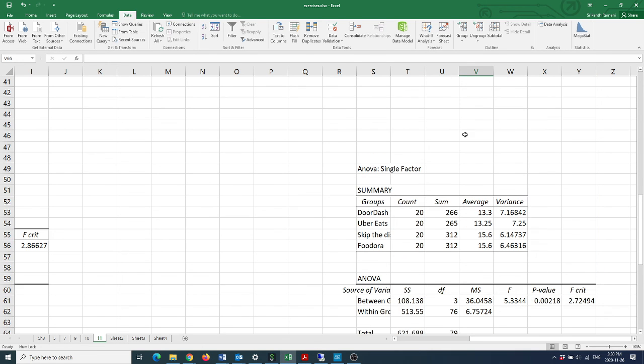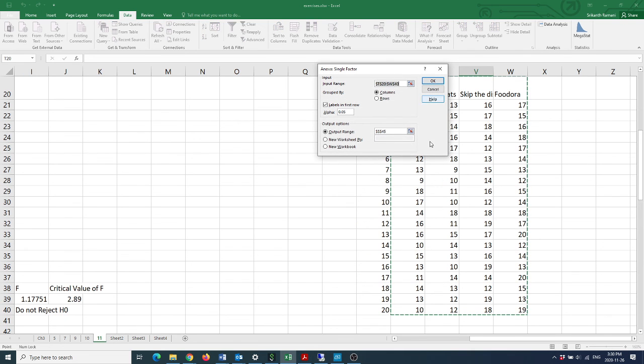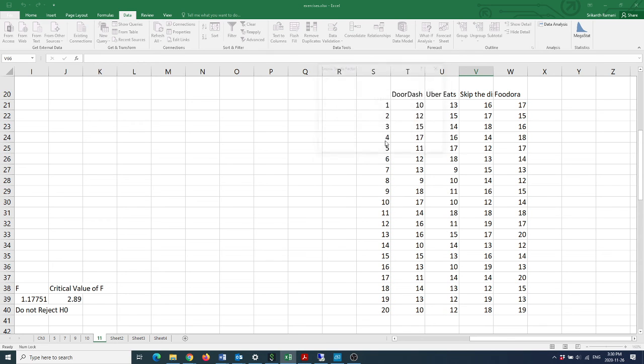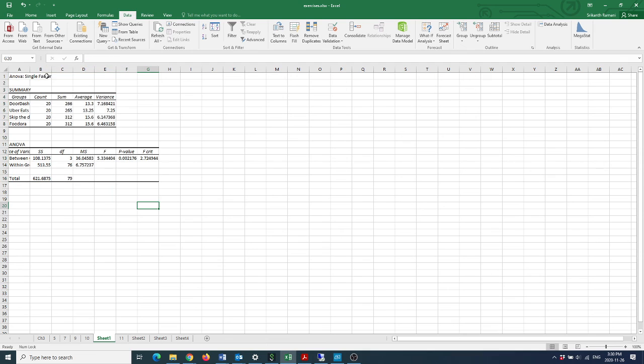And this is how you use Excel. Go to Data Analysis, Single Factor, select the group, and figure out where you want the output. You could select a new worksheet and create a new output as well. If you select new worksheet, a new worksheet will be created in your Excel, and all the output will be given to you. And make sure you understand how to interpret this worksheet.